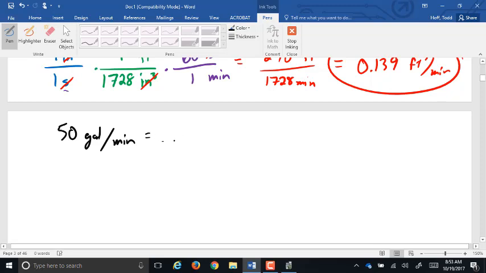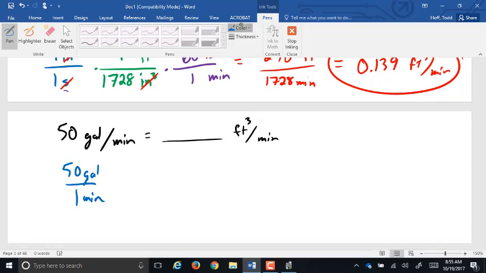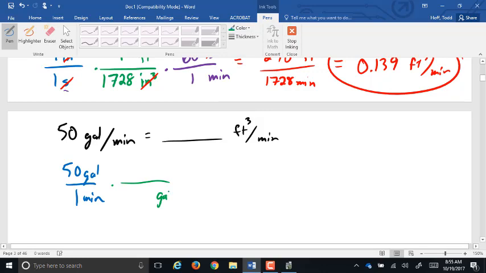In your notes, 50 gallons per minute. Try to change that to cubic feet per minute for me quick. So we've got 50 gallons over 1 minute. Are we changing the gallons? Yes, we are. Gallons will go on bottom. We're changing it to feet cubed. 1 cubic foot is how many gallons? 7.5.